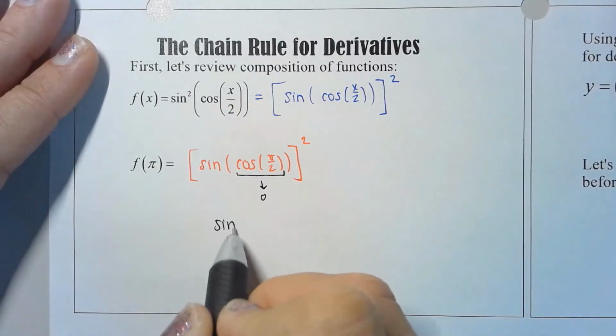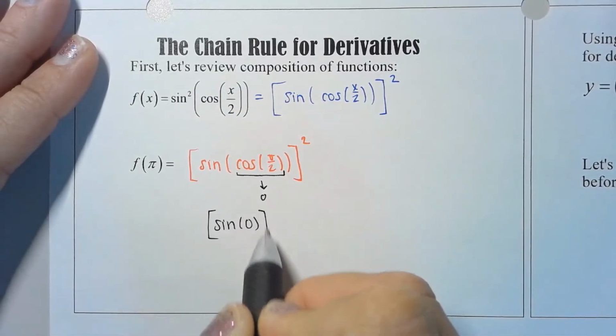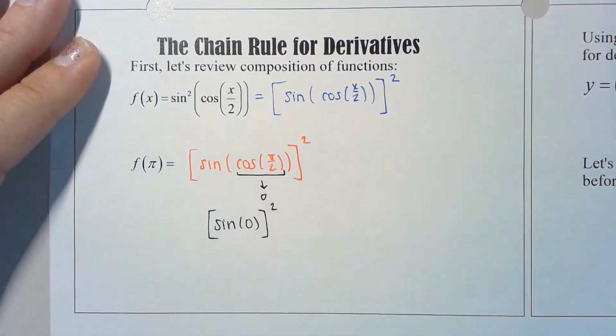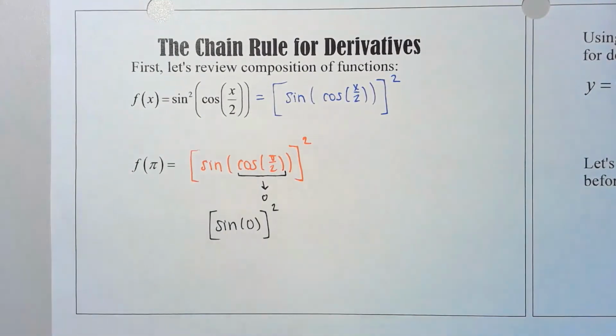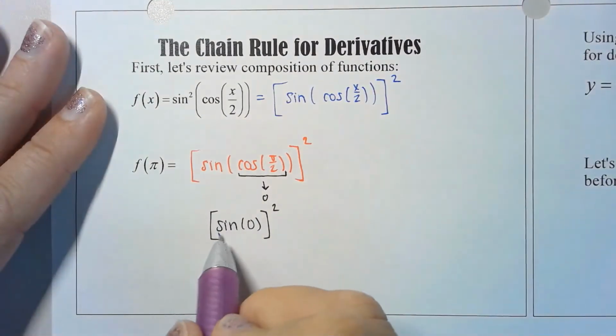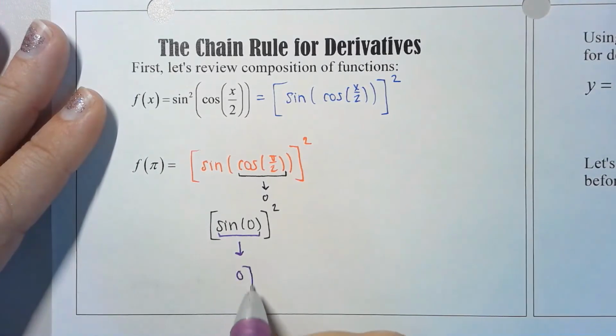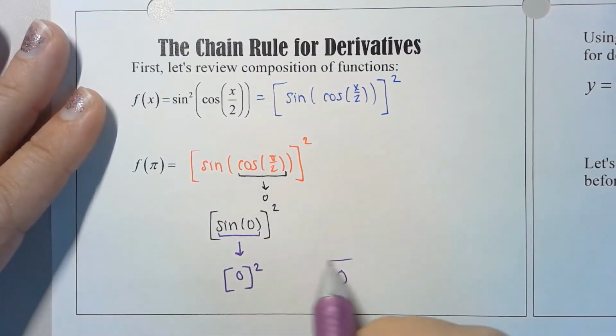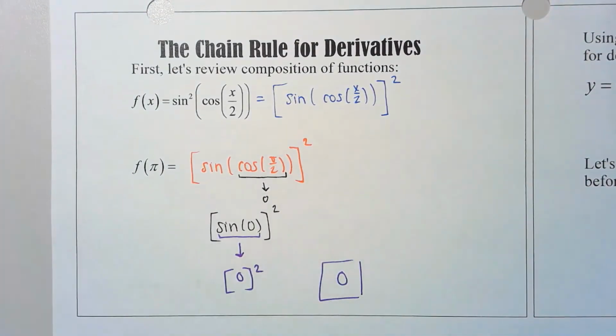So we have the sine of 0 squared. And then we keep going, go back to the inside. The sine of 0 is 0, and 0 squared is 0. All right. Perfect. So just as a reminder, when we evaluate a composition of functions, we start on the inside and we work our way out.